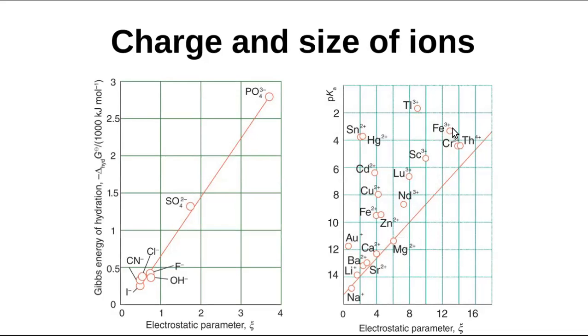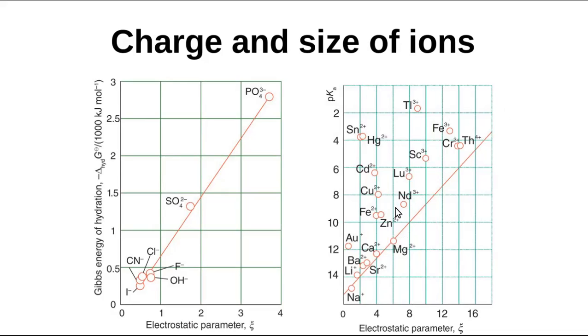But iron is a transition metal, and thallium, well, it's not a transition metal, but it is a metal far down in the periodic system, so it has a lot of d electrons and f electrons inside, so it has less efficient shielding effects. So it will obtain a higher effective nuclear charge. Thallium 3+ is perhaps acting as if it would be 4+ or 5+ as an equivalent noble gas ion.